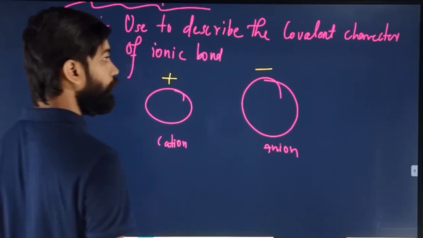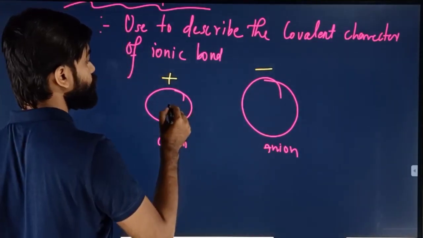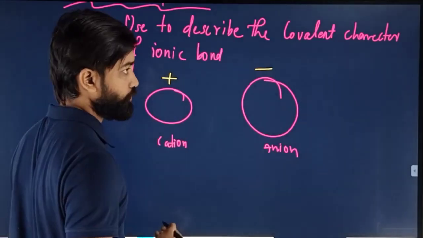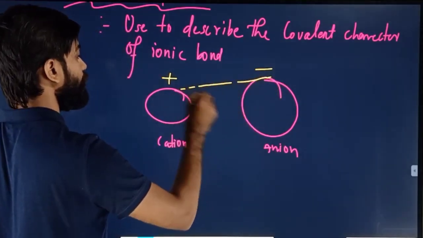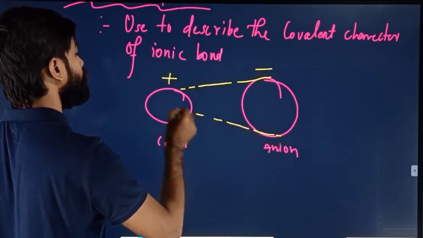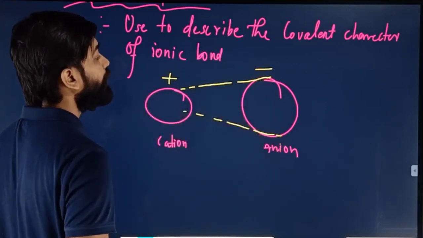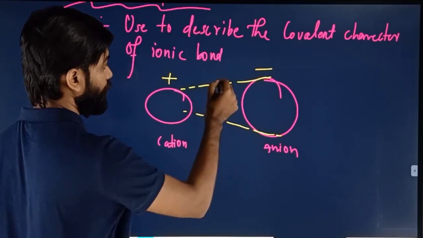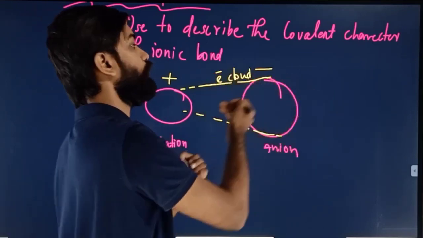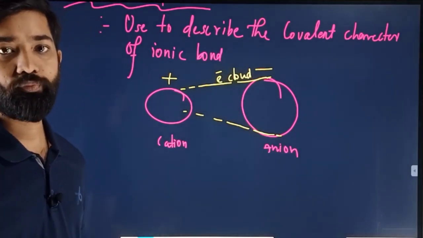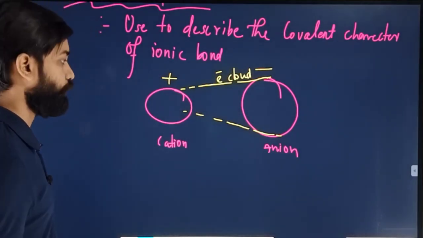But the cation is smaller with a greater force of attraction, so there is a chance for the attraction of electron cloud from anion to cation.